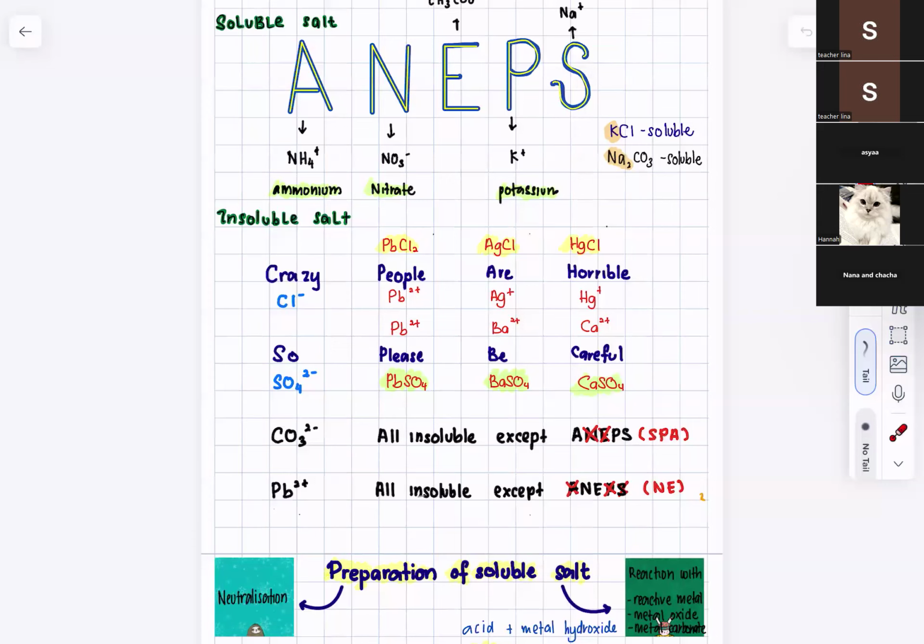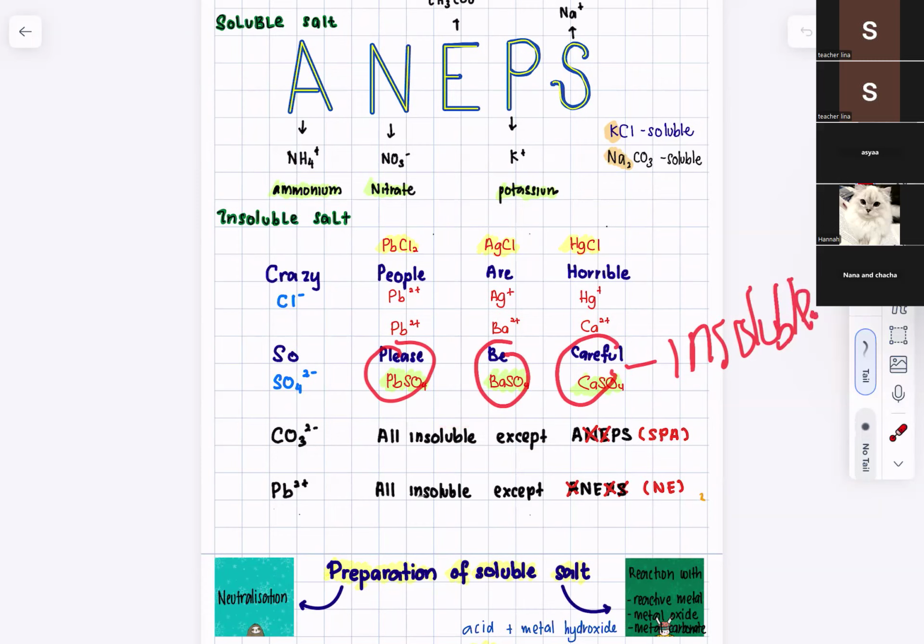Insoluble for the sulfate, only these three: lead II sulfate, barium sulfate, calcium sulfate are insoluble. Other than these three, that one is soluble. So magnesium sulfate is soluble. Okay, is it clear, Nana? Yes. Okay, so back to zero.